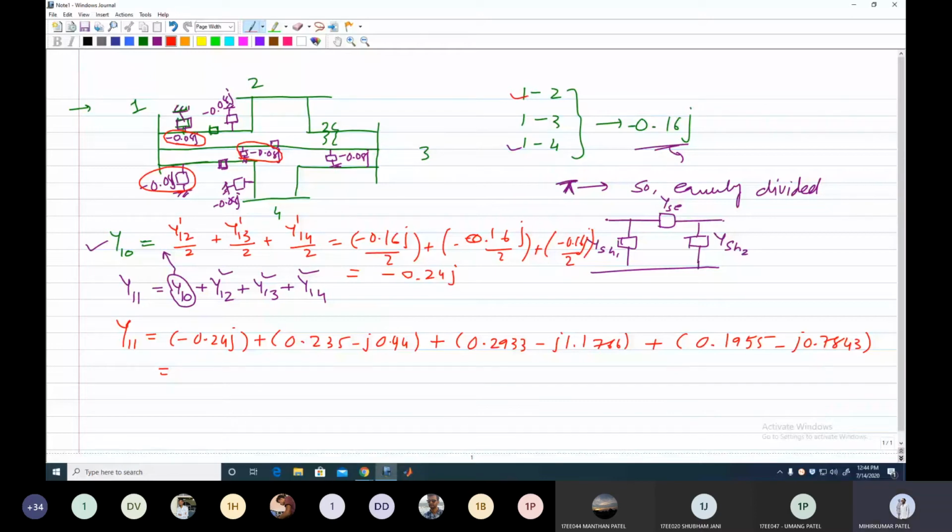Similarly, we have to calculate the second diagonal element y22. The equation for y22 is y20 for the second bus. Initially, we have disconnected this transmission line from this network. So it is only y20 and y21 or y12.